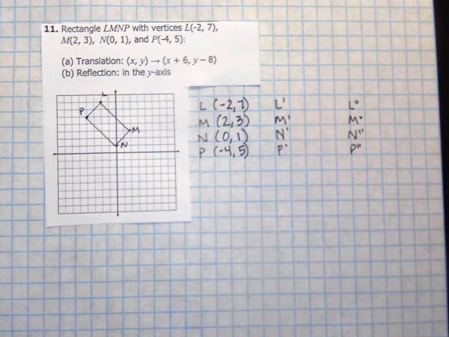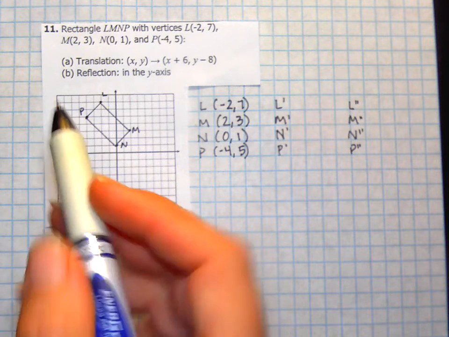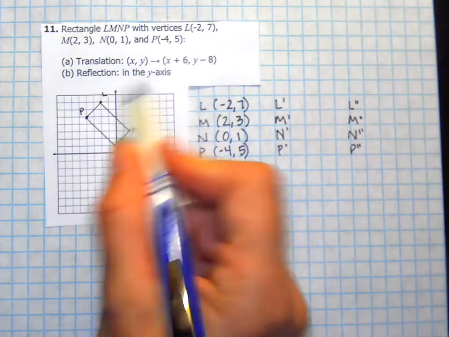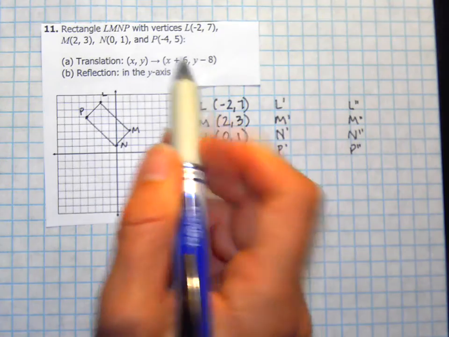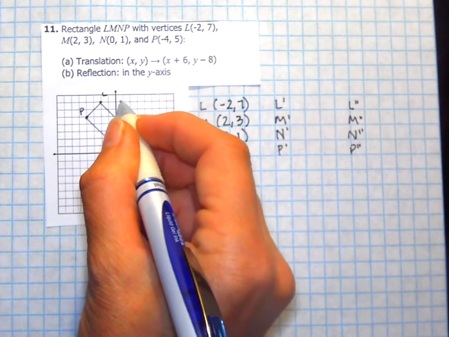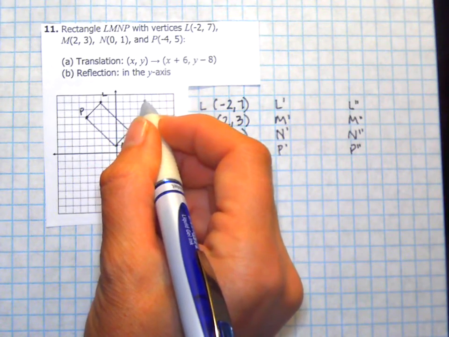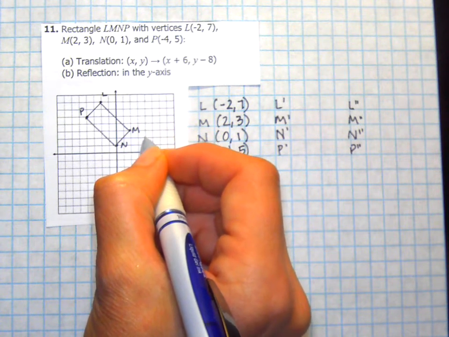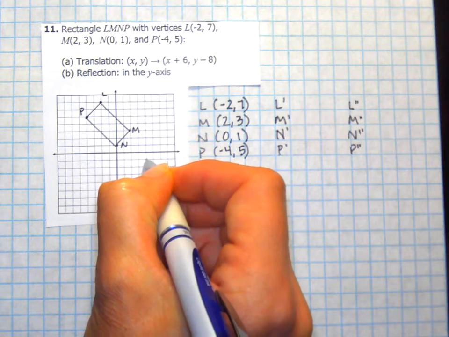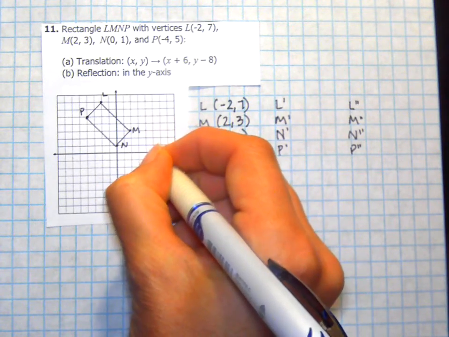So for all of my points, I'm going to start with L, and I'm going to go right 6, down 8. So I'm going to go 1, 2, 3, 4, 5, 6, then 1, 2, 3, 4, 5, 6, 7, 8. Here's L prime.